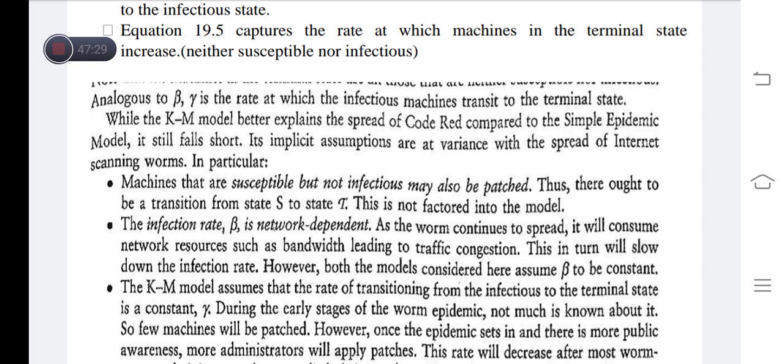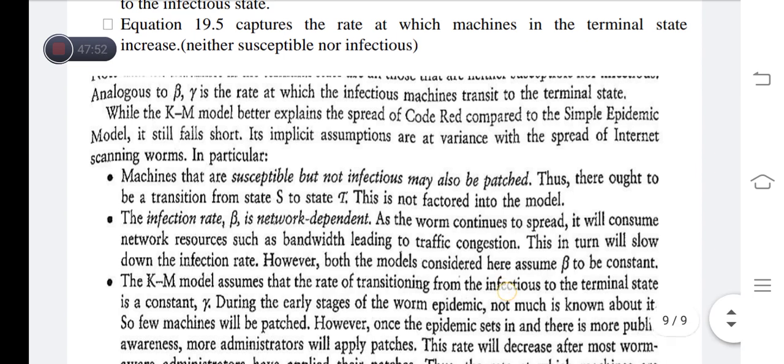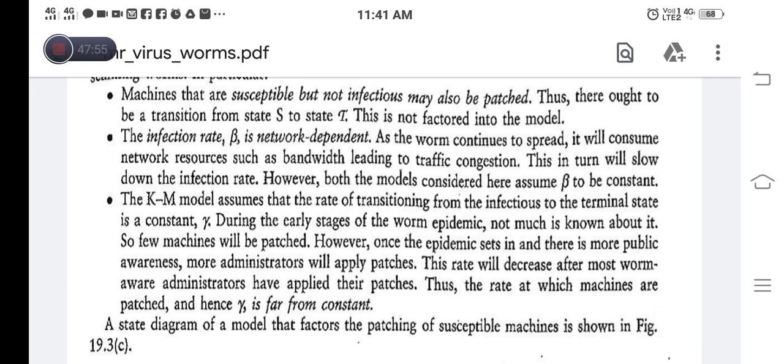Then the infection rate beta is obviously network dependent, but here they consider beta to be a constant value. The third point is that the KM model assumes the rate of transition from the infectious to the terminal state, that is gamma, is a constant.